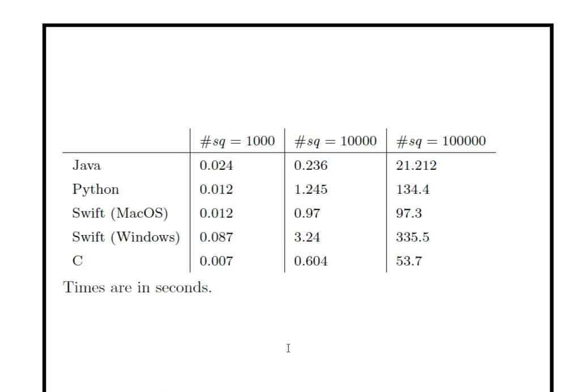Now, we try this on the different implementations generated for different target languages, and it can be seen that this is linear. It increases with generally a linear time complexity here.